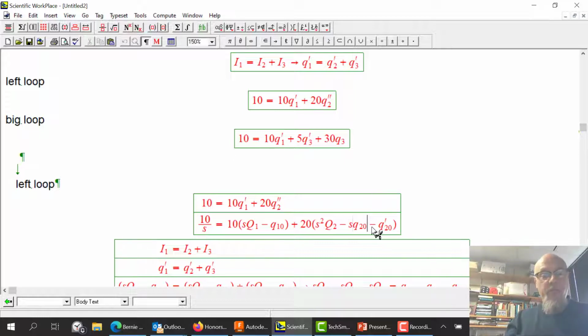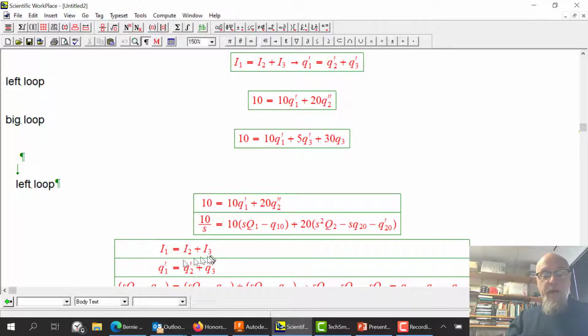So those are all constants that would have to be given in the question. But notice, once I Laplace this left loop equation, there's no more derivatives. So I've only got Q1 and Q2 in this equation.